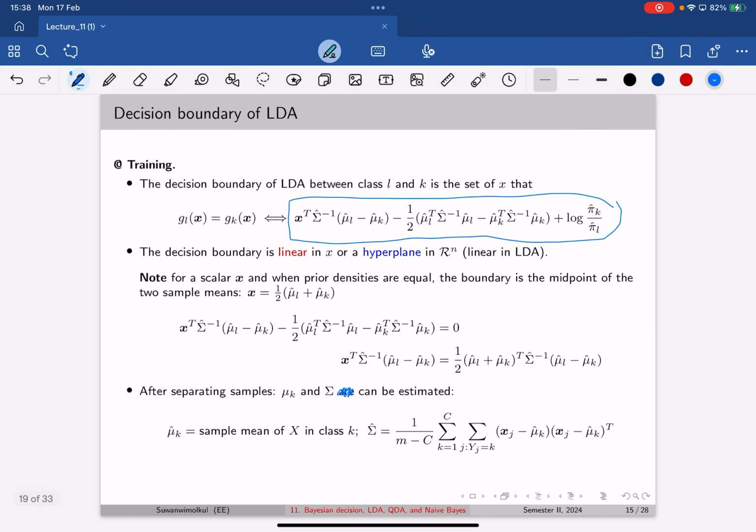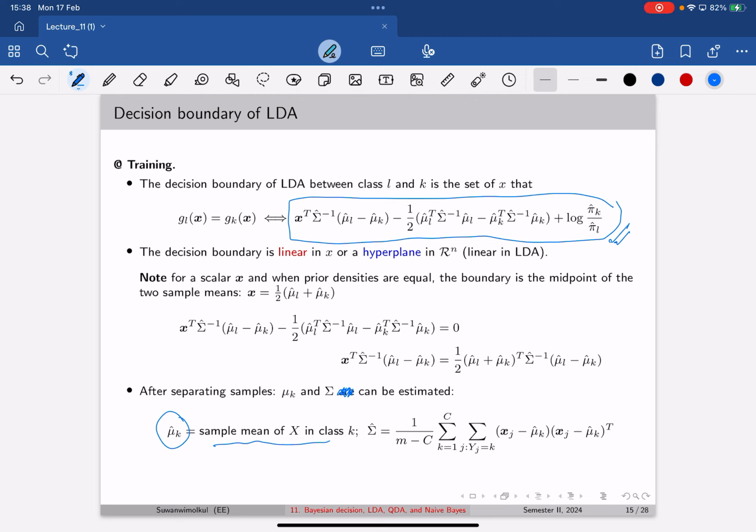Actually, from the relationship between classes like this, we can derive the mu for each class, I think the mu for x given y belonging to each class, by using the sample mean.